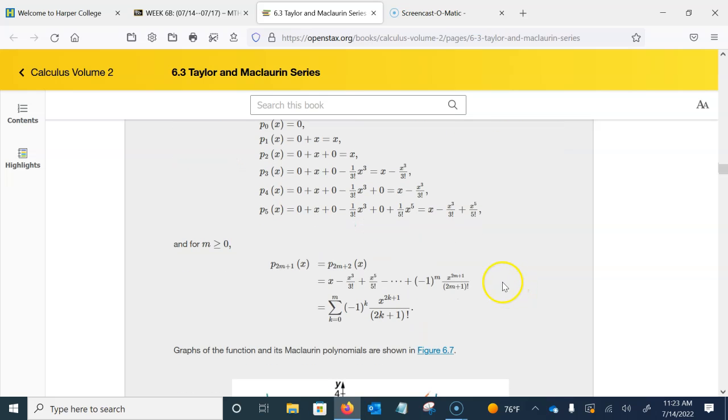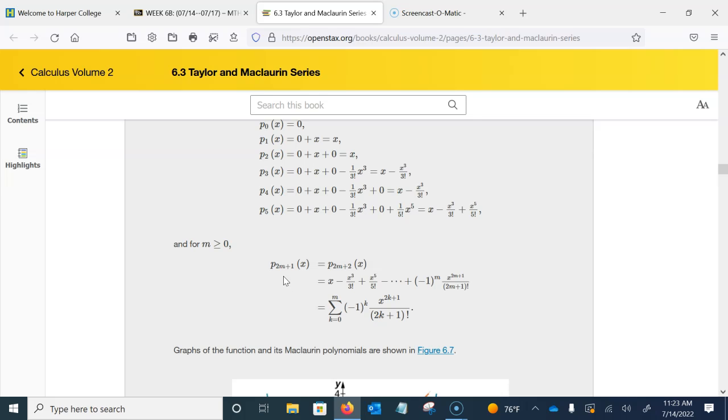Okay. So they're going to package this nicely. I only need to collect the odd powers of x. Okay. And so here, the P sub 2m plus 1, that guarantees I have an odd polynomial here. Right.